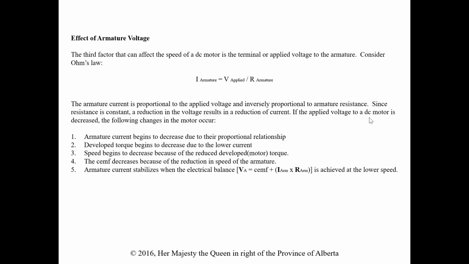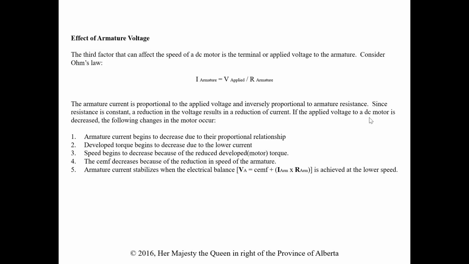So if the applied voltage to a DC motor is decreased, the following changes in the motor occur. We're decreasing the voltage. What happens? The armature current begins to decrease because of the proportional relationship. If the armature current decreases, developed torque decreases because they're directly proportional. Speed begins to decrease because of the reduced developed torque.